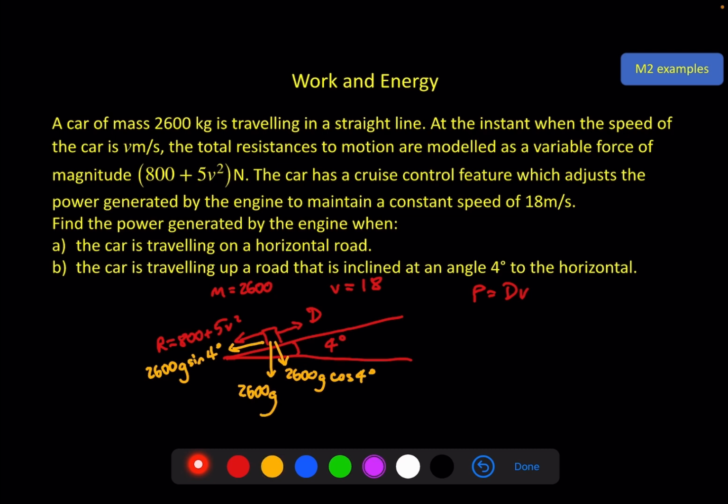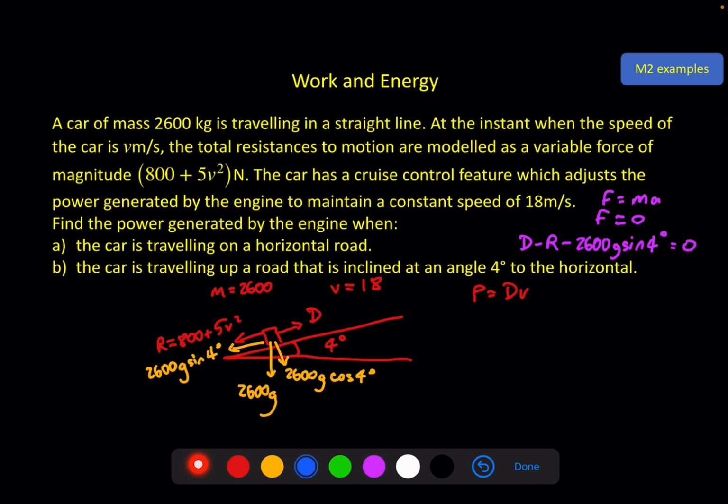So again, when I consider F equals ma, because it's a constant speed of 18, that's still equal to 0, but the resultant force is no longer just D minus R, it's D minus R minus the gravitational element, the weight coming down the slope, 2600g sine 4.